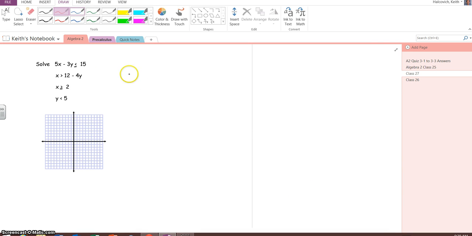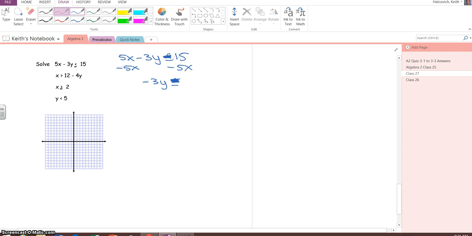This next one, you have a couple different things going on here. So you have 5x minus 3y less than or equal to 15. Actually, this should just be an equals. So we'll set equals.